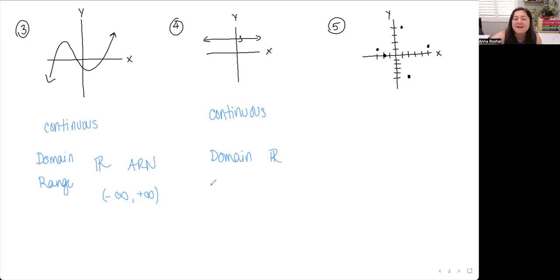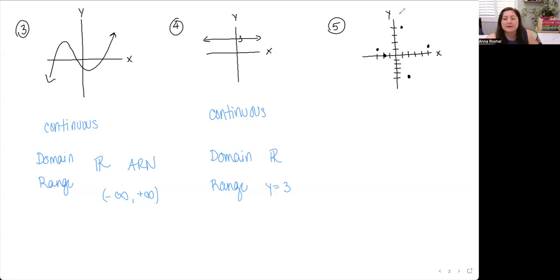And then my range, I am going to just say that y only equals 3. So again, if this is not how you write your range, if you write it some other way, definitely make sure that you're including every single number in the way that you're saying that the domain is.